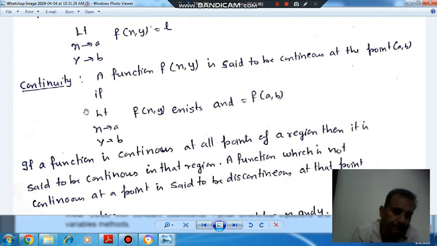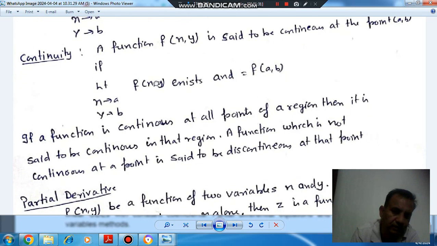And continuity: a function is said to be continuous at point (a, b) if its limit and its value are the same. So the limit is limit x tends to a, y tends to b of f(x, y), and we put x equal to a and y equal to b in the function, and the value comes out as f(a, b). If these two are equal, then the function is said to be continuous.